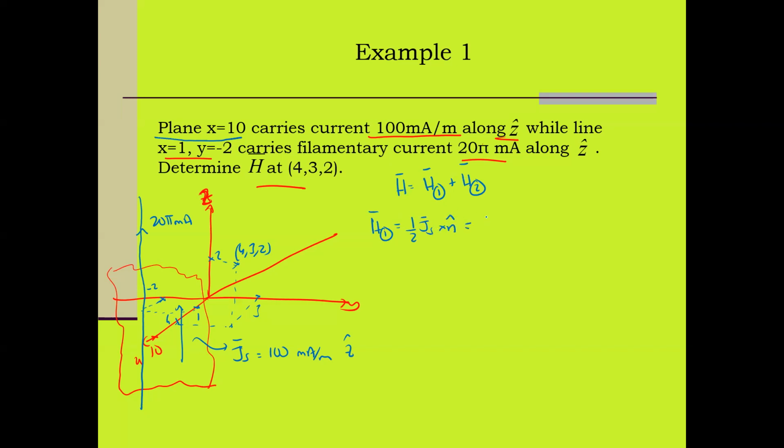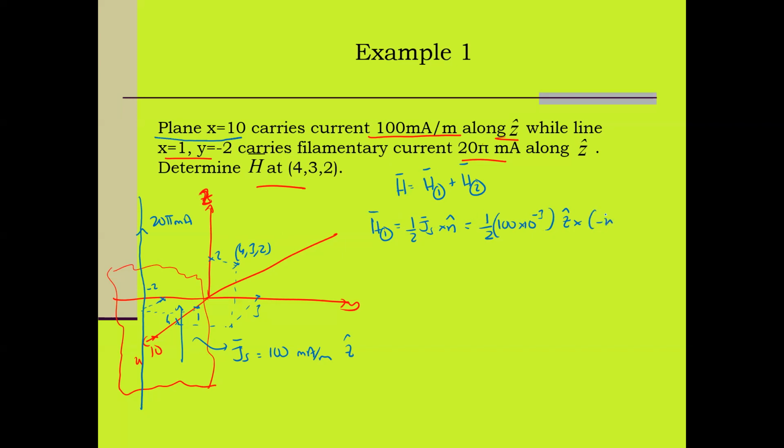Js will be 100 times 10 power -3 in the z direction. For the normal unit vector, we can say that the normal direction should be towards negative x.